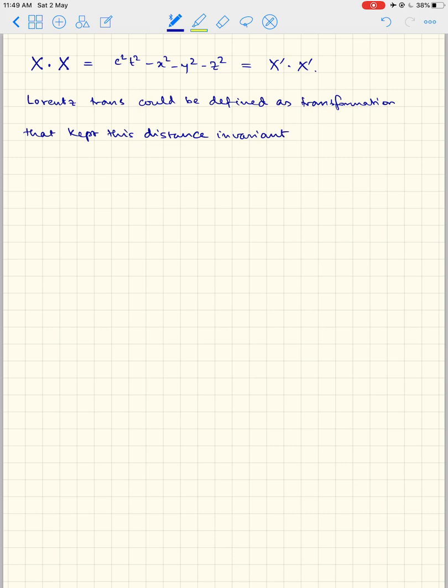And this led to the definition of Lorentz transformations by this equation, where eta was this matrix, which was 1, minus 1, minus 1, minus 1.